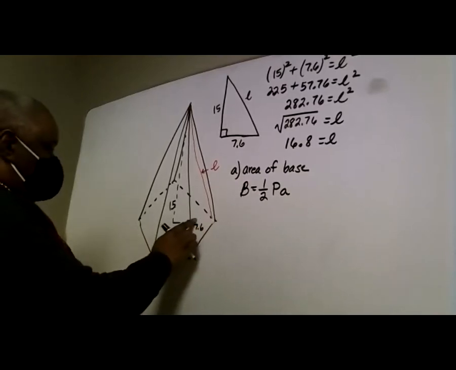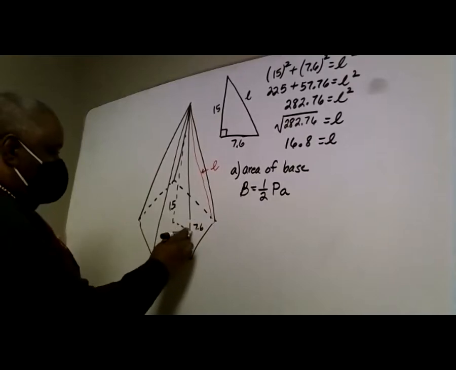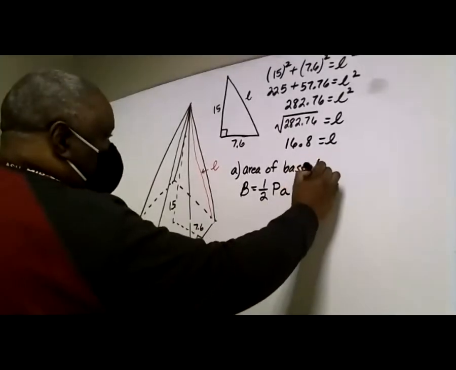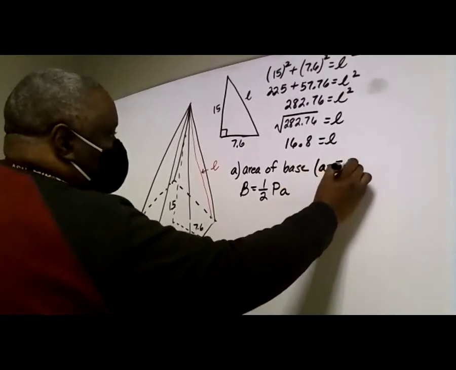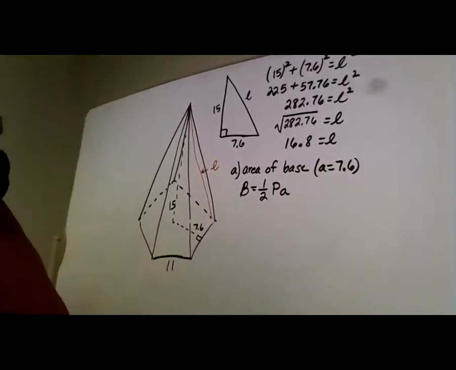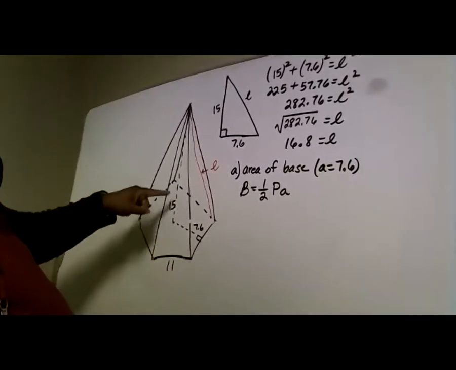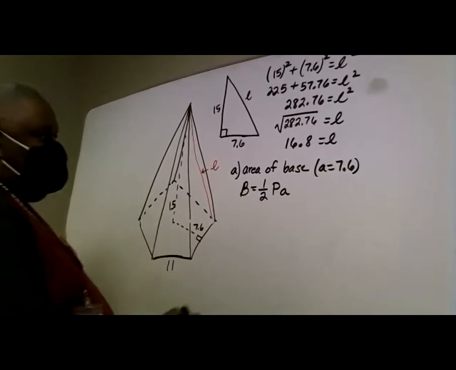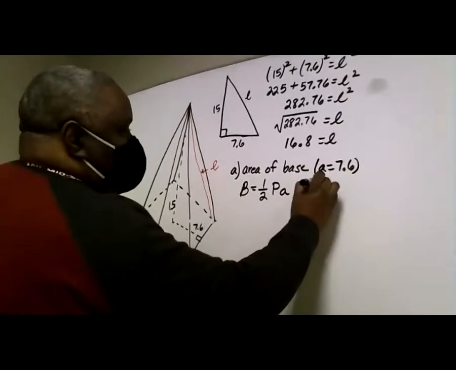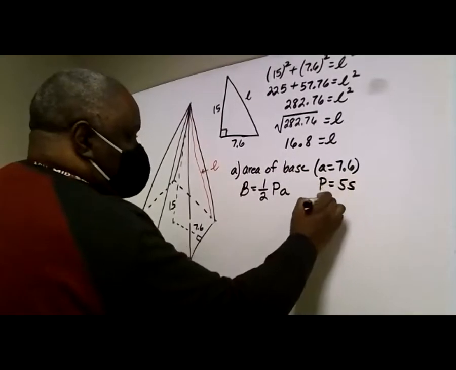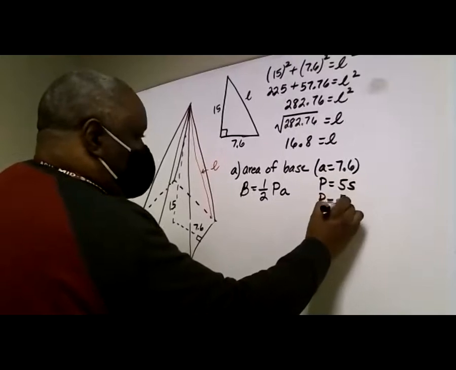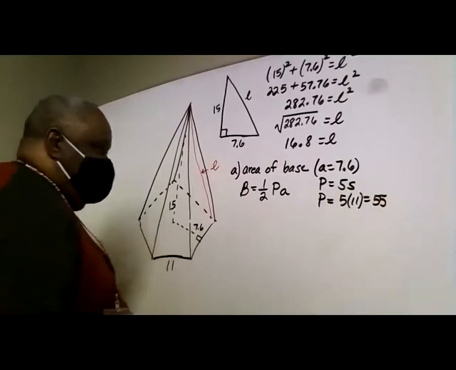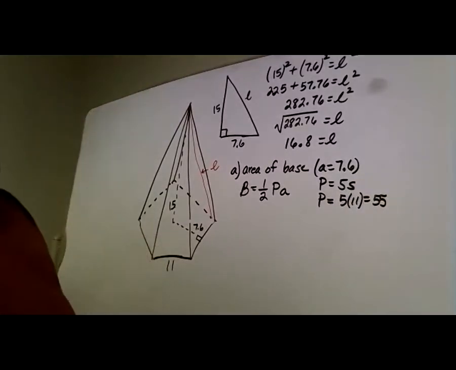And I drew that wrong. That's the apothem right here. A is 7.6. And of course, there are 5 sides. Each side is 11 centimeters. So the perimeter is 5 times S. So if I do 5 times 11, that'd be 55. So the perimeter of that base is 55.